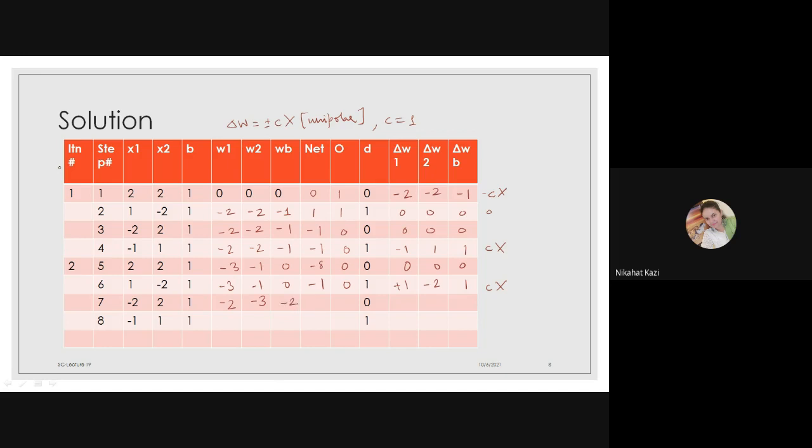This was 0, 1 I have only. This is minus 2, minus 3, 1, and this is 1.